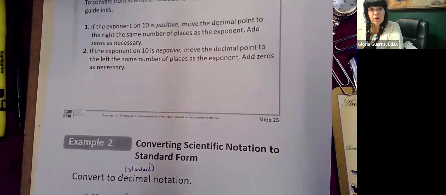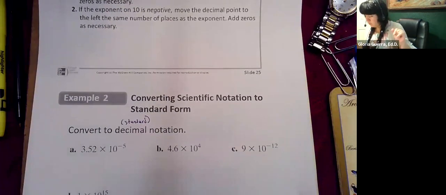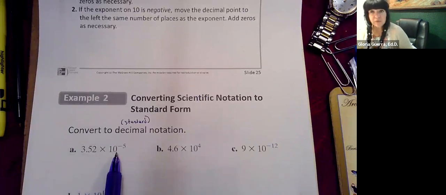So if we look at your problems, A, B, C, D. A says 3 and 52 hundredths times 10 to negative 5.